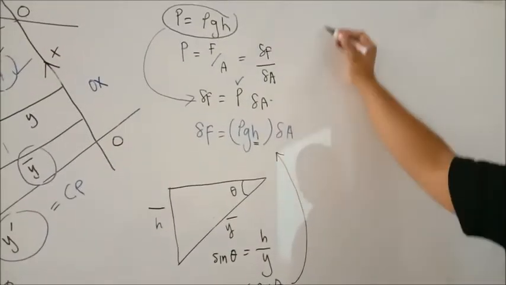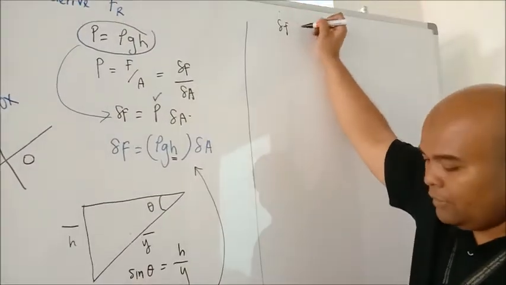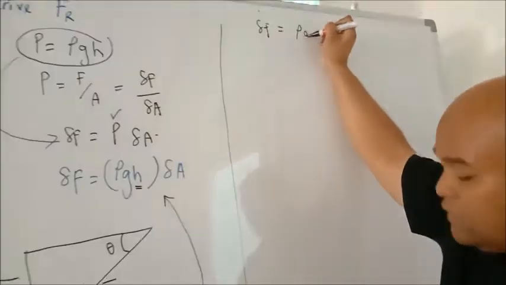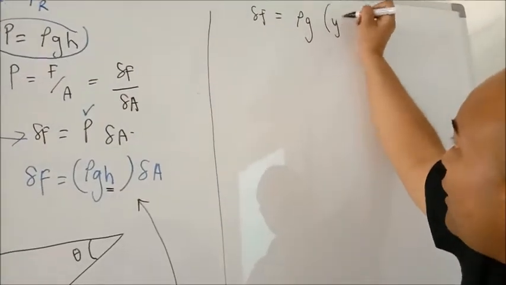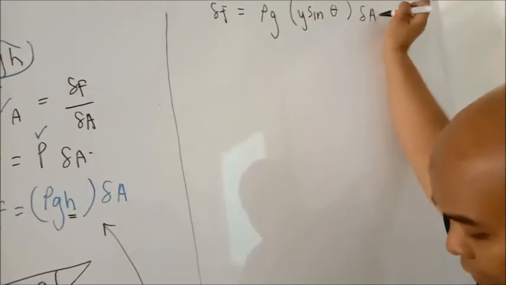Alright. So what we have now is delta F equals with rho G Y sin theta delta A, yeah.